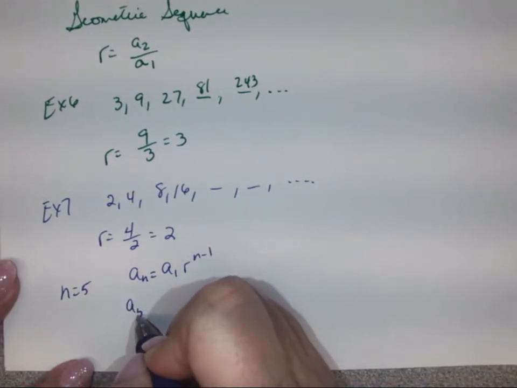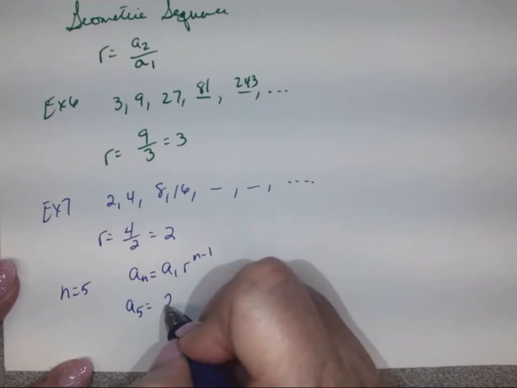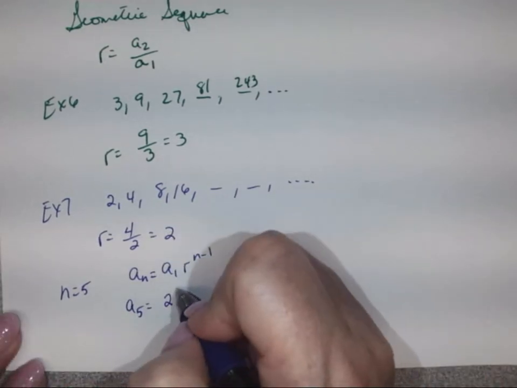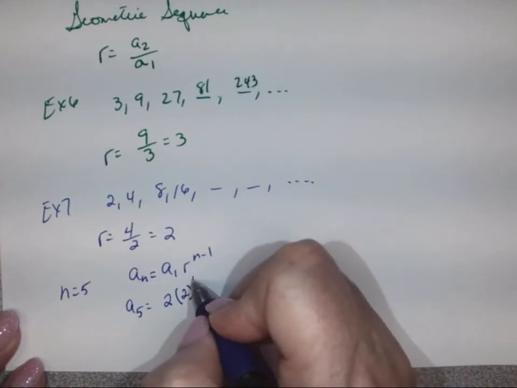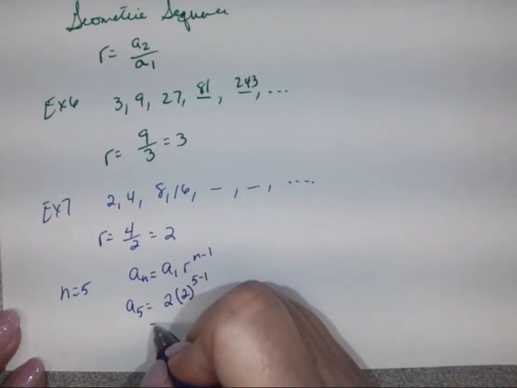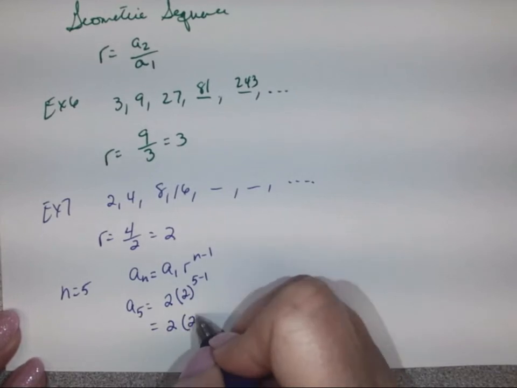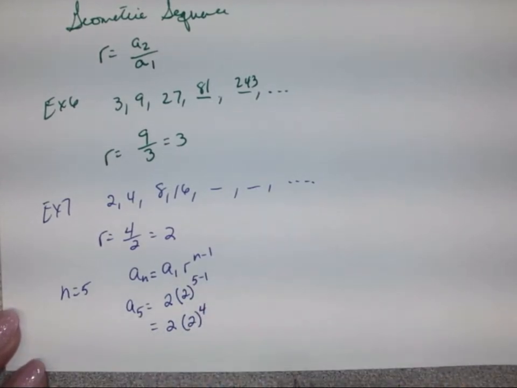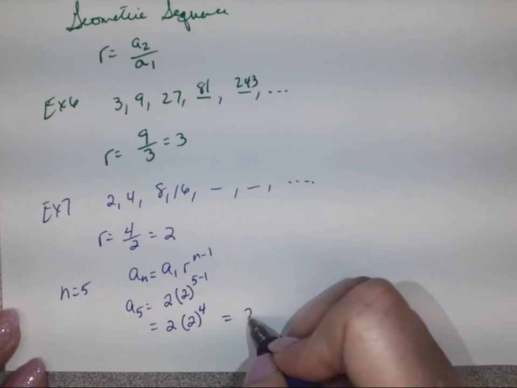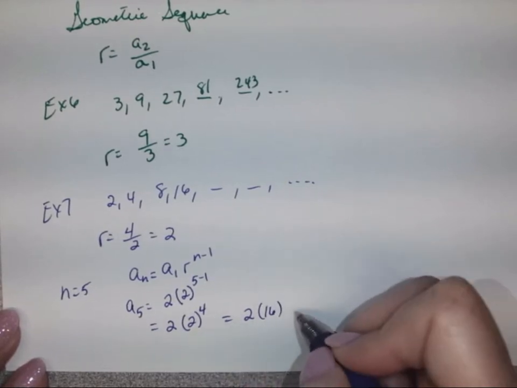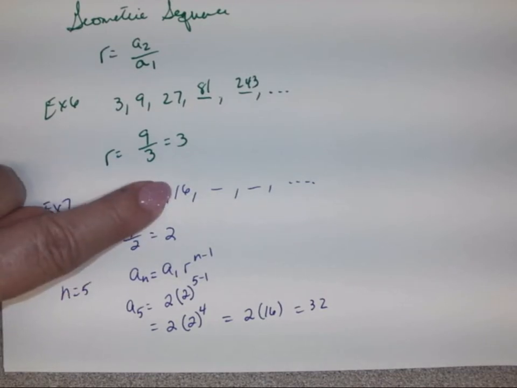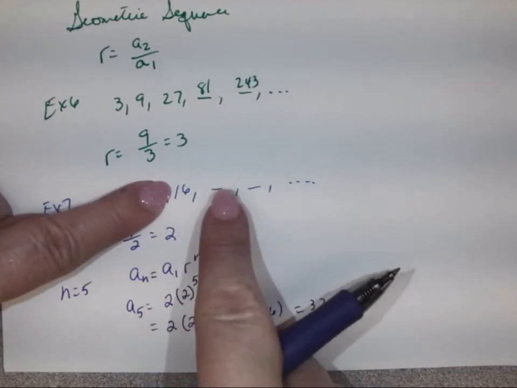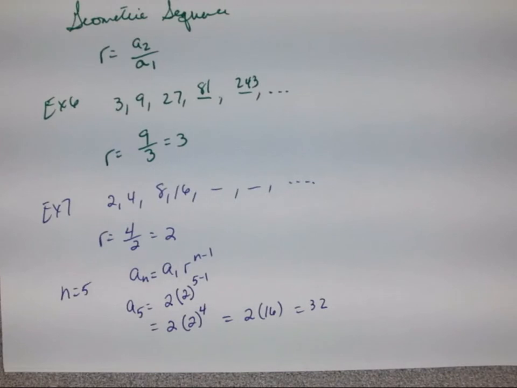So a sub 5 is equal to, a sub 1 is 2, our ratio is also 2, to the 5 minus 1. 5 minus 1 will be 4. Well, 2 to the 4th is 16, and 16 times 2 would be 32. And we can double check this. We had 16, and 16 times 2 would get us 32. So it's kind of going through the same process as what we've done before.